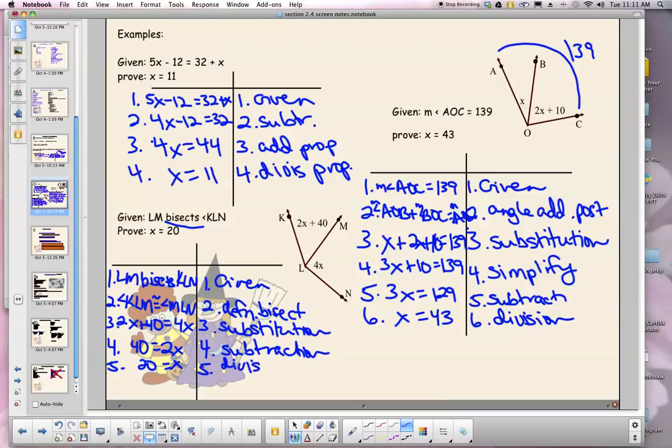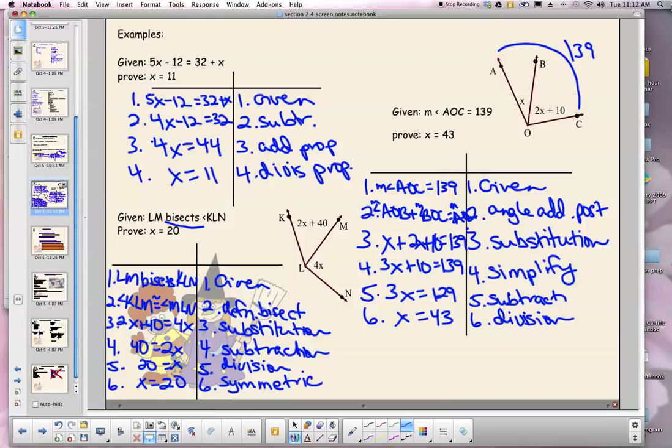And now if you want to be specific, if you look up in the prove, I actually wanted to prove that x equals 20. Now, 20 equals x is okay with me, but if you wanted to be official and get it exactly right, what allows us to flip the sides of the equal sign? That would be the symmetric property. So if you were going to do this maybe at a college level, or if you were going to try and publish a proof and you needed to be exact all the time, then you would use the symmetric property to flip your pieces at the end.